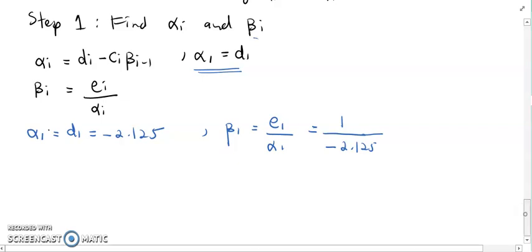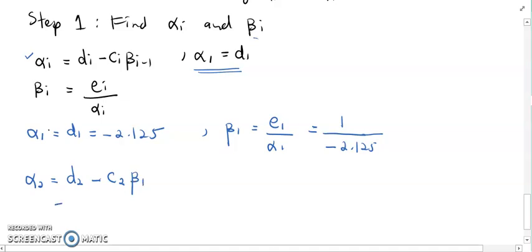Next we need to find alpha 2. Alpha 2 is D2 minus C2 times beta 1.